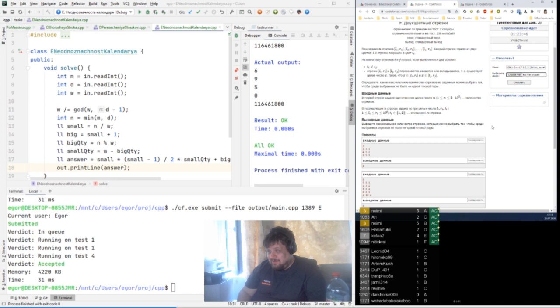So what we need to do is basically as usual. First, we need to compress coordinates so that they're up to 2 times n. Then we need to sort segments by the left end.